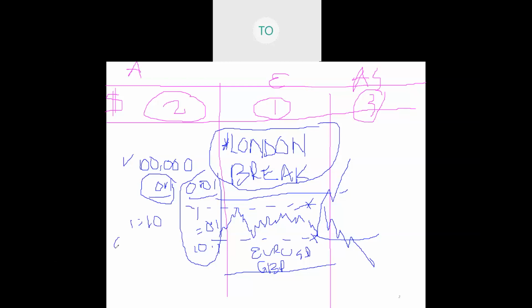Which means if you are shooting for only the morning London breakout, and you go for only 10 pips every day, every morning you'll just be waking up for a few minutes, do your 10 pips, and you have your $100. Then you can go back to sleep. That's only at 10 pips.